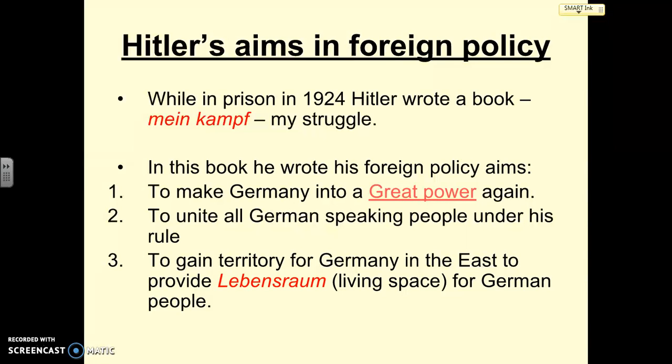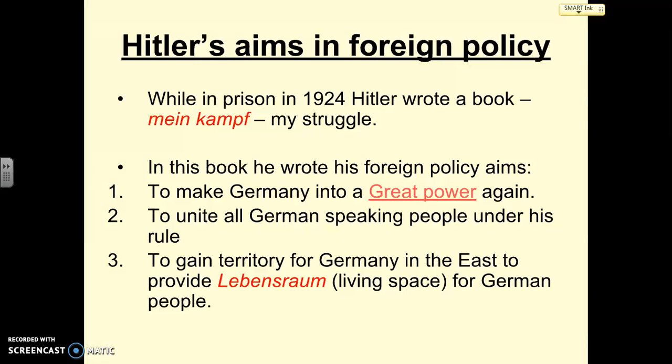And it says again there in the text of the notes, and again, "great power" is kind of a subjective term. Germany had really only been a unified country for about 50 or 60 years going into the First World War. It was really a relative newcomer in terms of the land powers of Europe.